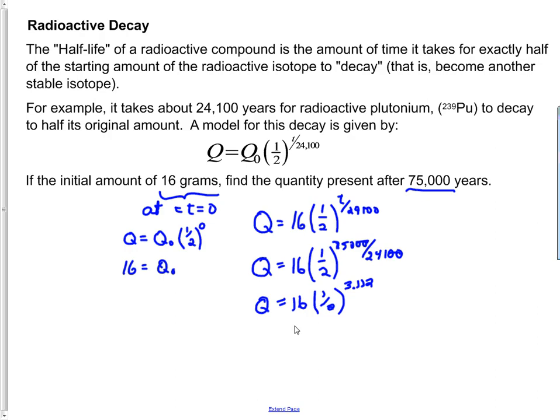So we're going to say that Q would be equal to approximately 1.85 grams of that radioactive plutonium isotope left after 75,000 years. Well, there we go.